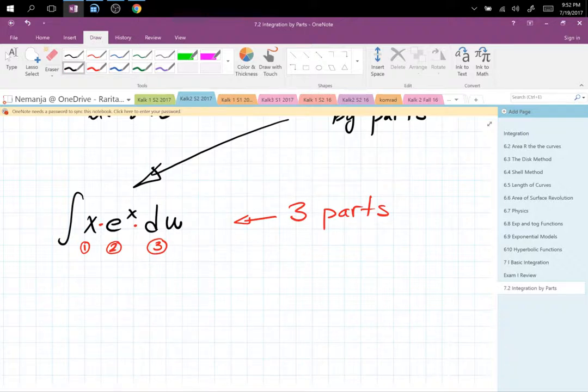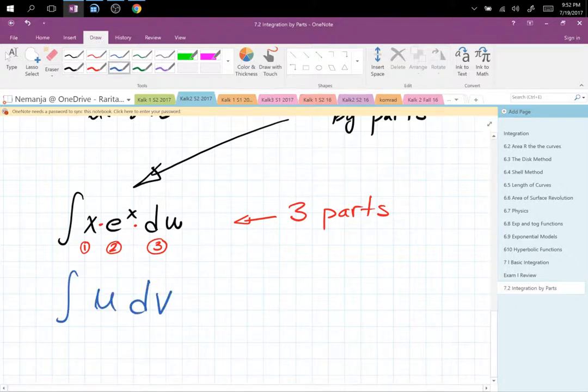So here's what I'm going to do. First, before I do that, I'm matching this to u dv, right? So I know that at least this much matches. But I'm going to say u is equal to x, and dv is equal to e to the x dx.